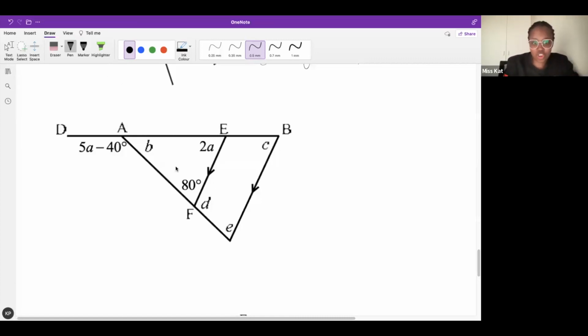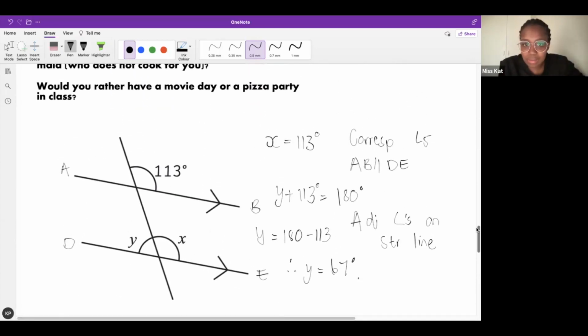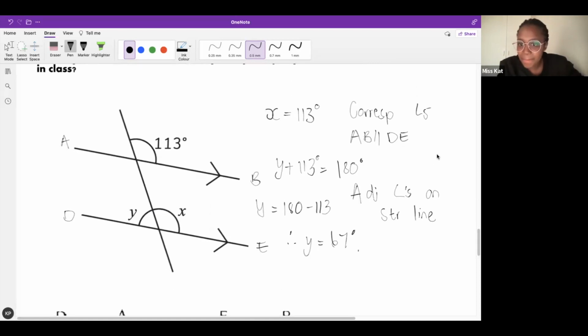Okay, so we have a triangle. We have parallel lines. You know, there's a lot we can do with this. Screenshot of this one, Malibongwe. I'm going to give you a few seconds to do this one. And then we're going to do one more because you guys are already complaining.